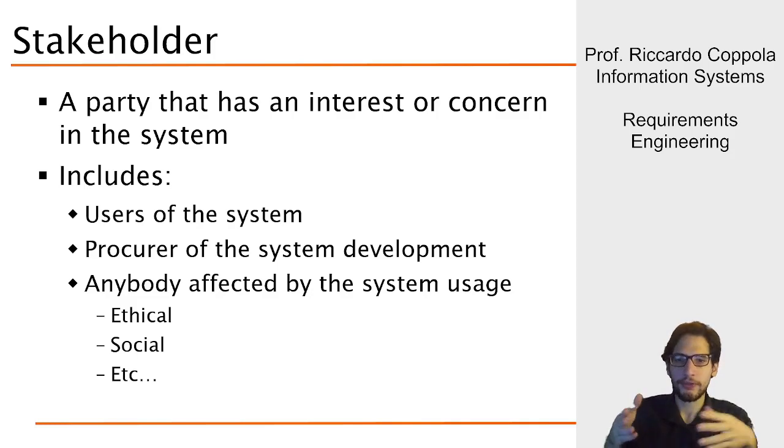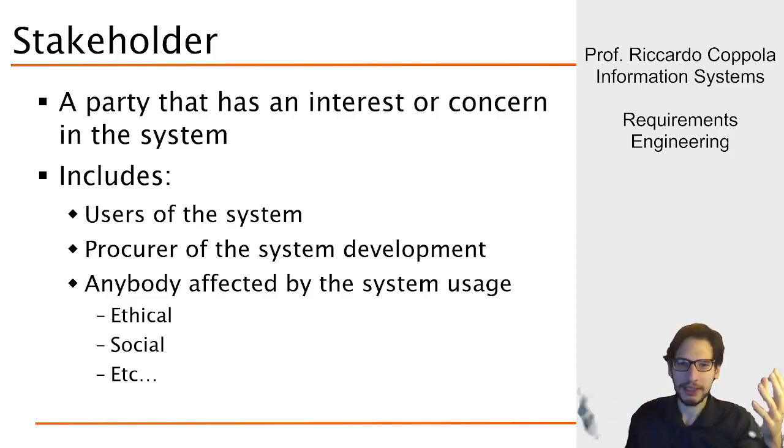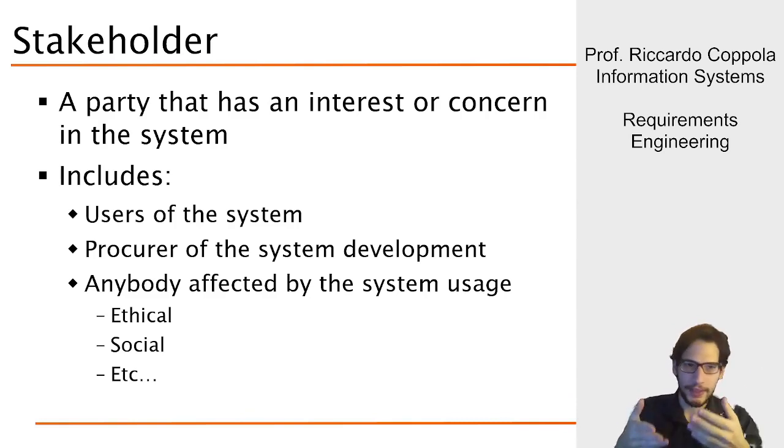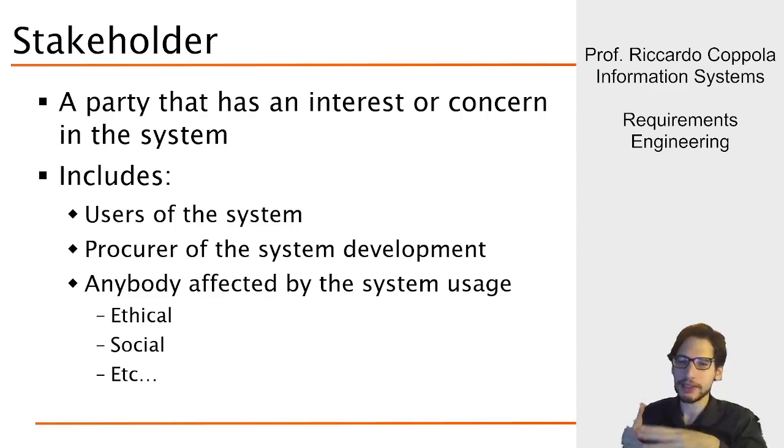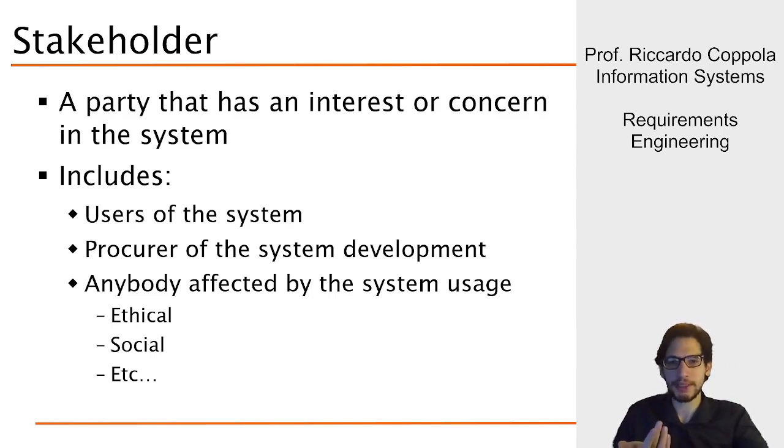With a video surveillance system, many people get their faces recorded, and maybe they don't want to, so they have an interest in the system because there will be pictures and videos of their faces, and this will clearly influence their privacy. So it is necessary to take into account all the possible people that may get influenced by a system that I am developing.